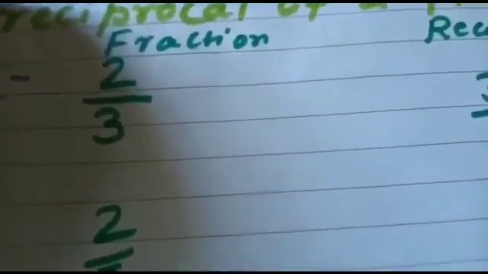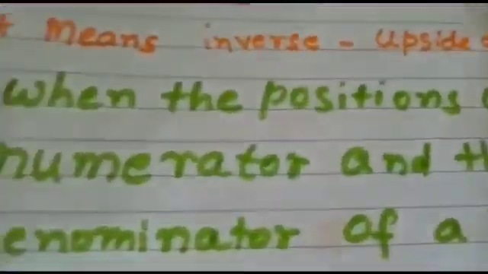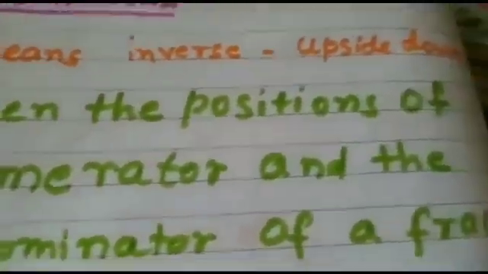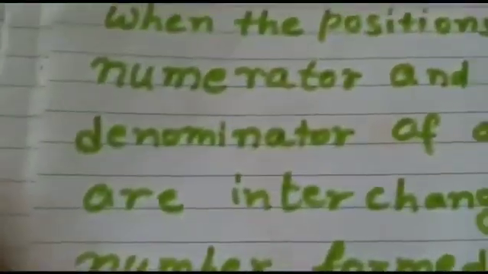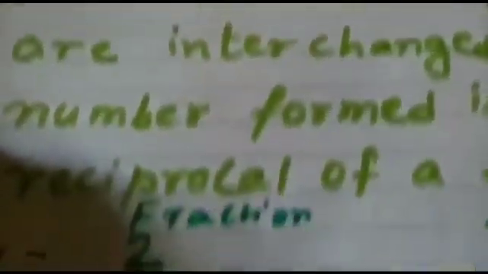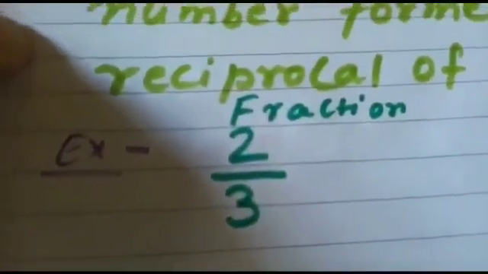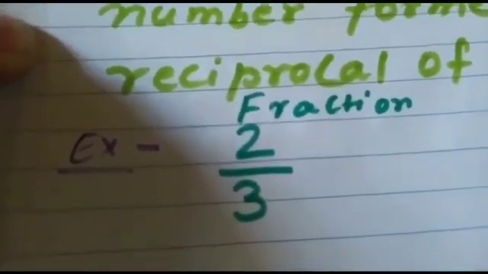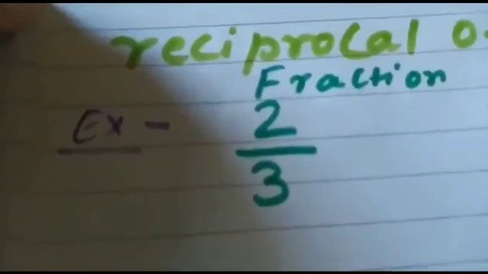Am I right? So when the positions of the numerator and the denominator of a fraction are interchanged, then the fraction formed is called the reciprocal.